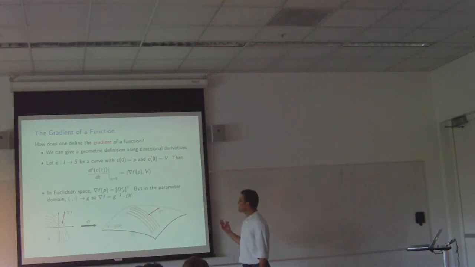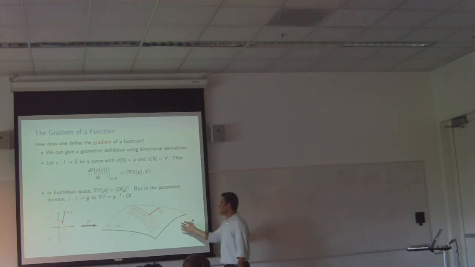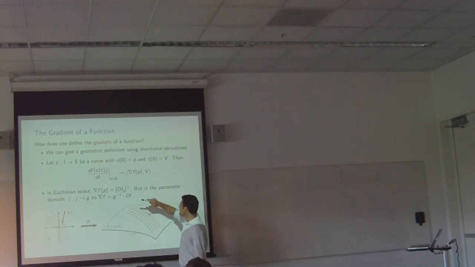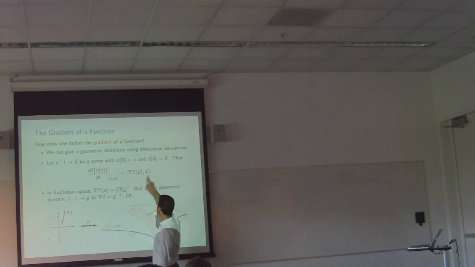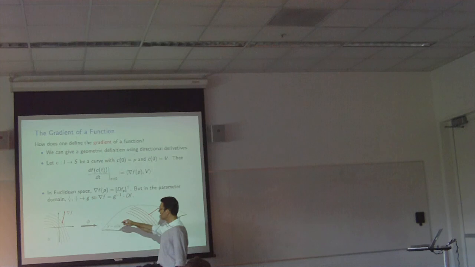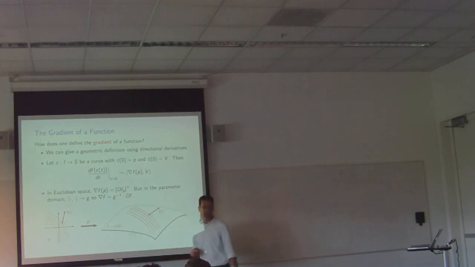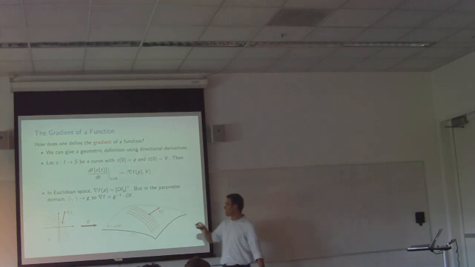So how do I make the same thing happen in the parameter domain? In the parameter domain, the vector that I need to call the gradient still uses the same geometric definition, except replace the inner product with g. And so the thing that makes this formula hold is if you define the gradient vector to be df, the derivative matrix, multiplied by the inverse of the matrix g.